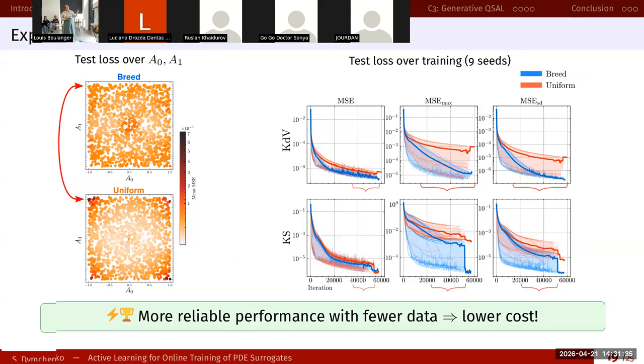On the left, we can see test loss distribution over the amplitudes of the waves for the test set. As we can see from the picture below, the neural network which was trained with a uniform sampling shows elevated loss for samples where the amplitudes are high.